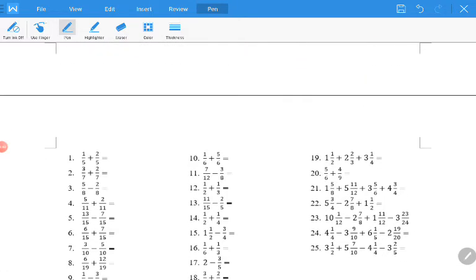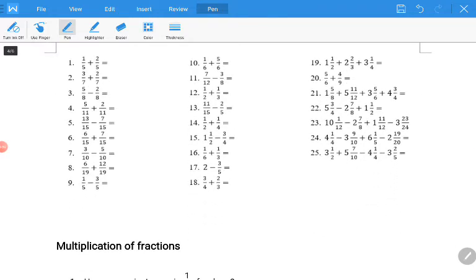Now let's look at addition and subtraction of fractions. If fractions have the same denominator, addition and subtraction is easier.